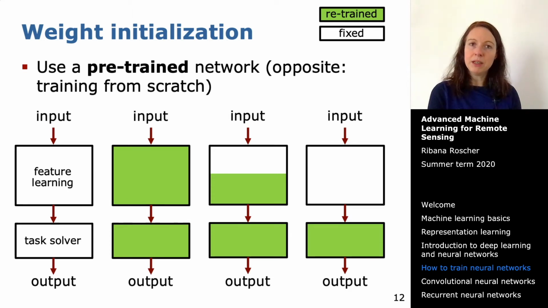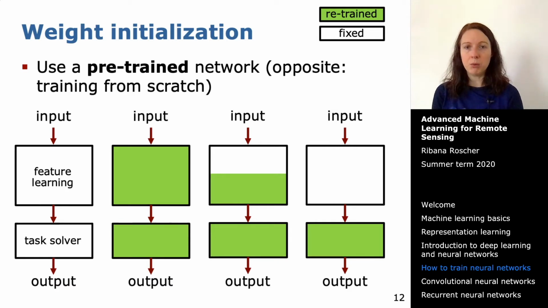These are different possibilities. Also, it's not black and white. That means it's not that you can only fix it or retrain it. You can also retrain at a specific level. For example, some layers can be retrained from the very beginning, so totally new, or some can just be a little bit fine-tuned.